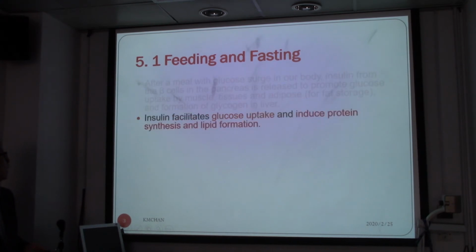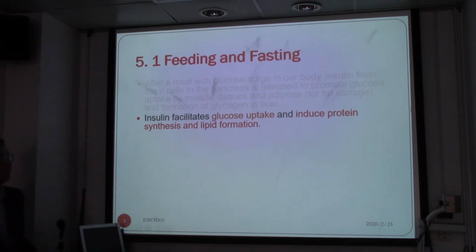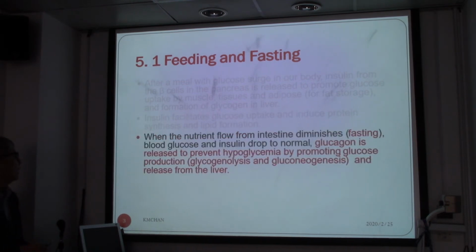1-phosphate. Insulin also facilitates, of course, glucose uptake. It would induce protein synthesis and also promote lipid formation. Because after all, if we don't use those sugar, we'll store them as lipid. And then we also need to control this, what we call nutrient flow from the intestine.